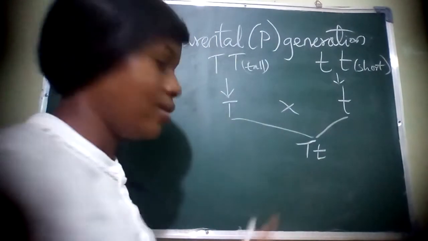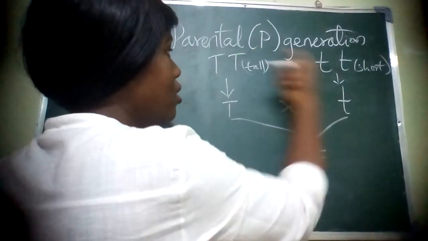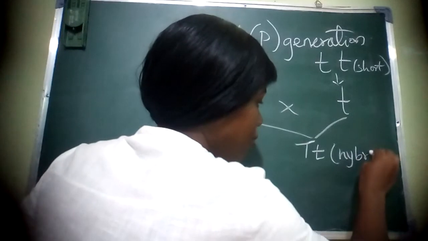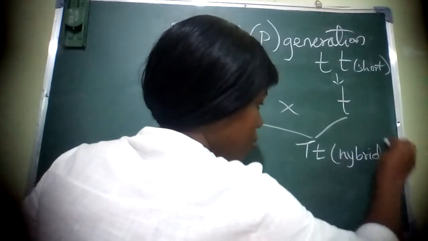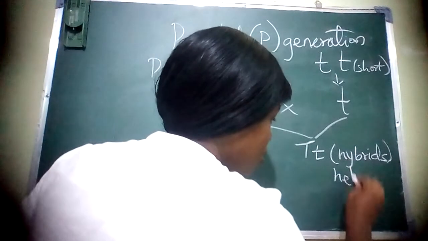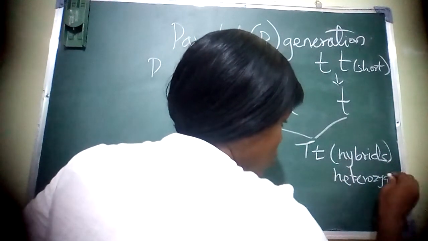And these individuals, the offspring of these two individuals, are called hybrids or heterozygotes.